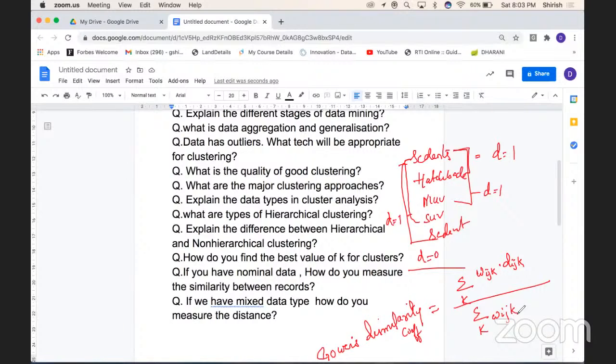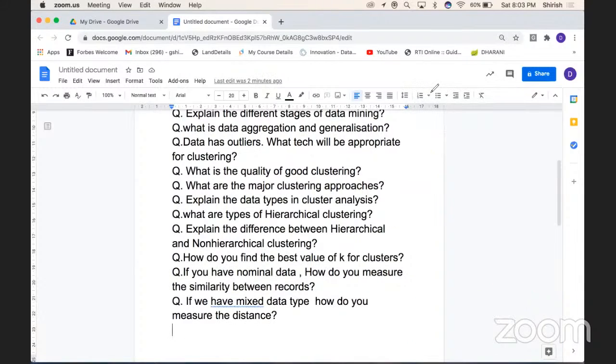What would be the other approach? Any distance measure you can follow, right? When you have mixed data, any distance measure would do.